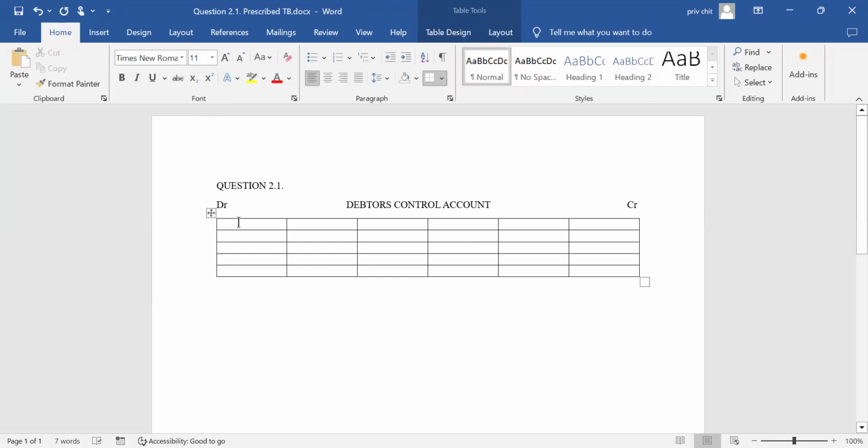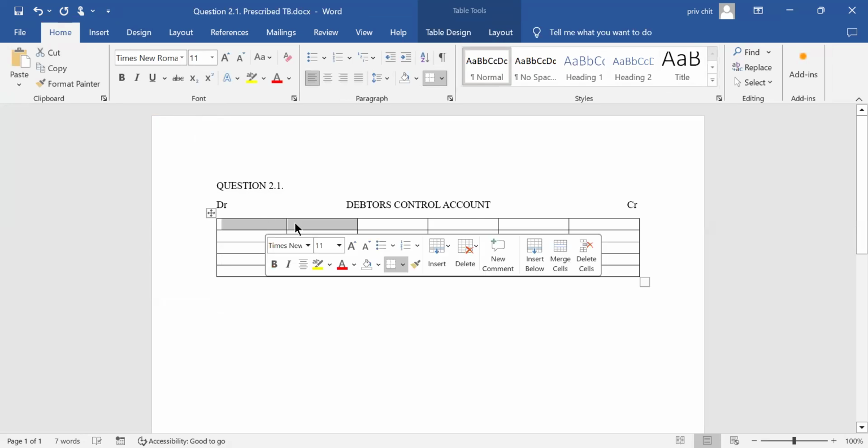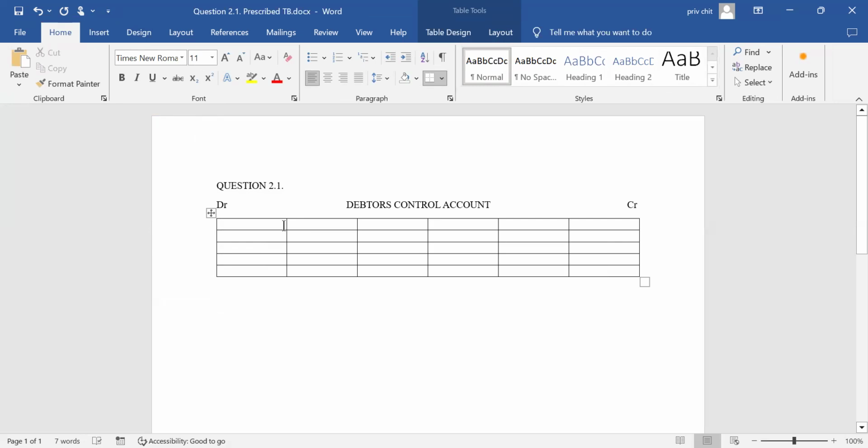Obviously, this first column is for your date, this is for the details, and then this is the amount. Let me just indicate it accordingly. That's the date, that's the details, that's the amount column.